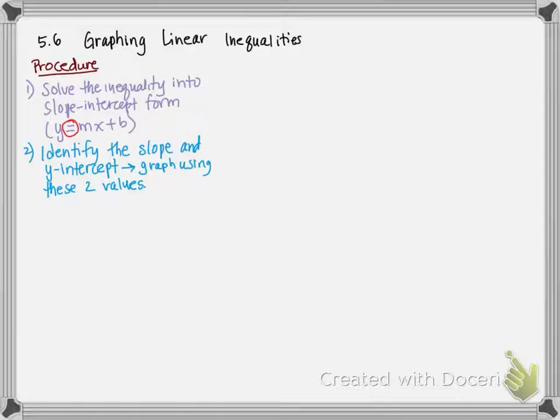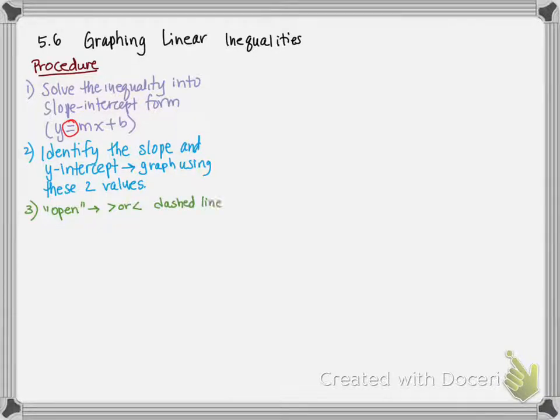Okay, now this is where it gets interesting. So remember how we had open circle, closed circle? So the open circle means the answers aren't a solution, okay? And remember that went with greater than or less than. So for us, what we're going to do is we're going to graph a dashed line.